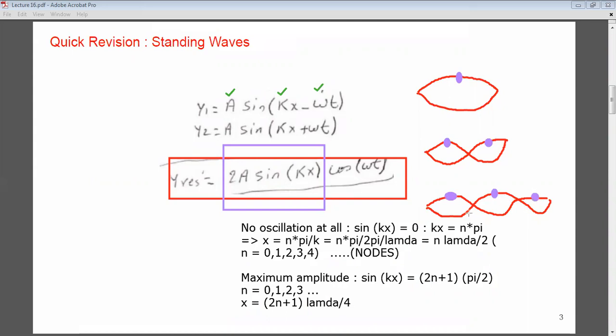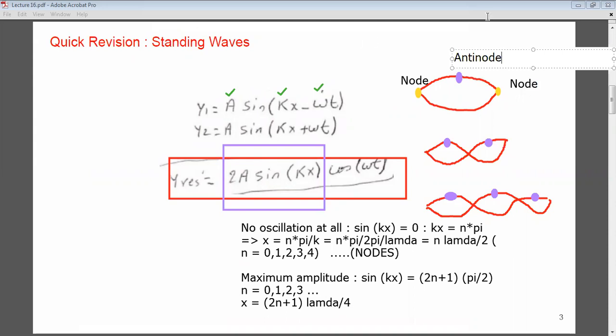And the nodes happen when there is no movement at all. So these happen here. So this is here a node, and this is here called an antinode. The opposite of a node is an antinode.